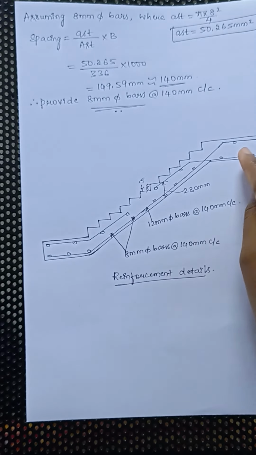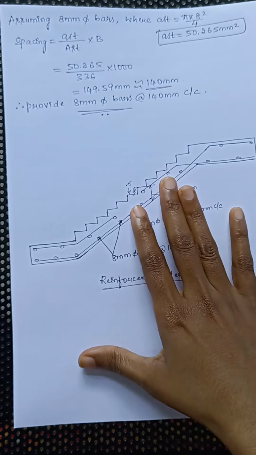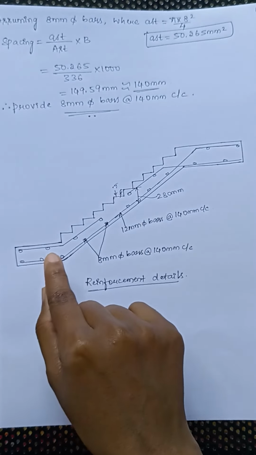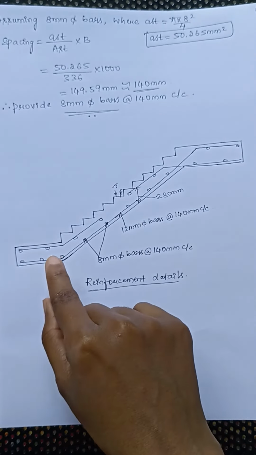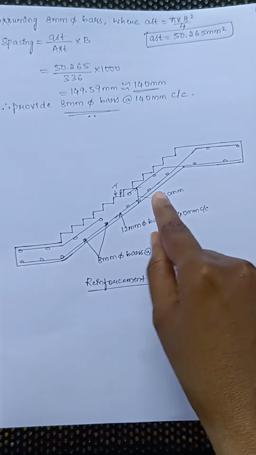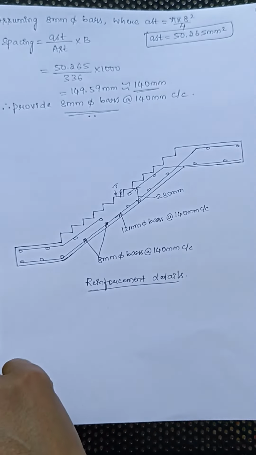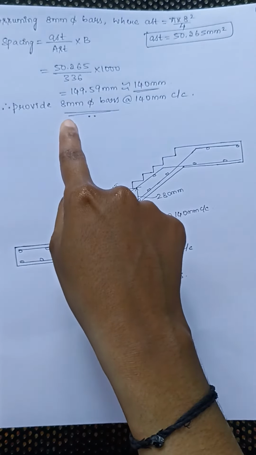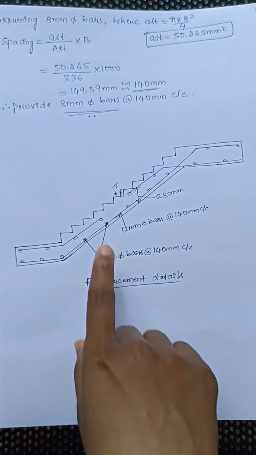The continuous line that I have shown within the figure represents the main reinforcement, and the circles in between or above the horizontal lines represent the distribution reinforcement. Here we have provided the distribution bars of 8 mm at a spacing of 140 mm.